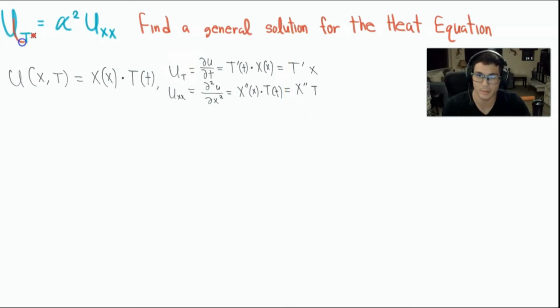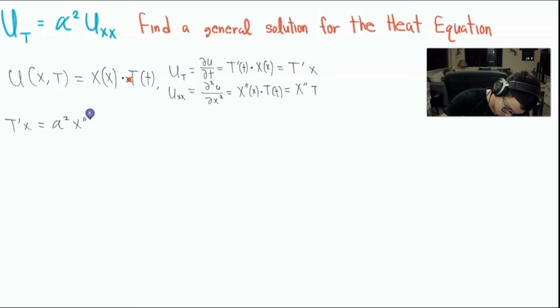Now I can rewrite my differential equation, and I should just say that alpha squared is a constant, right? So we know that alpha squared is a constant. Okay, so let's write this as T prime X, and that is equal to alpha squared X double prime T. Okay, so if this is true, maybe I can use a separation of variables.